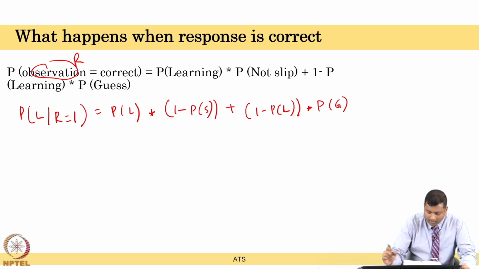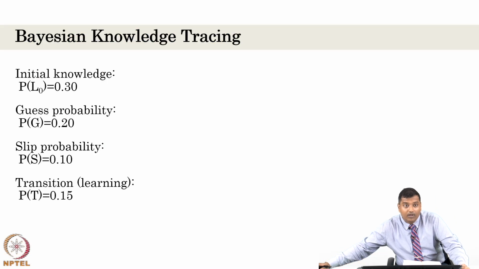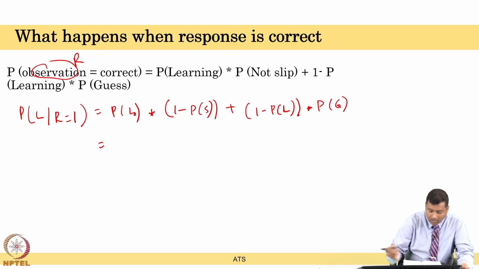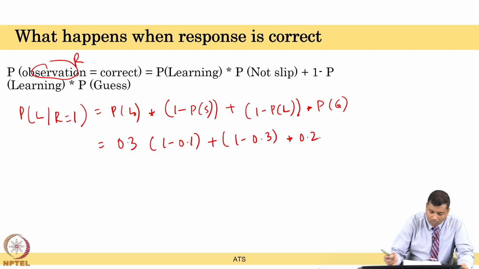Now we are going to substitute these values in from the previous one. So our initial knowledge was 0.3, times 1 minus 0.1, plus 1 minus 0.3 times 0.2, which is going to give us an answer of about 0.41.